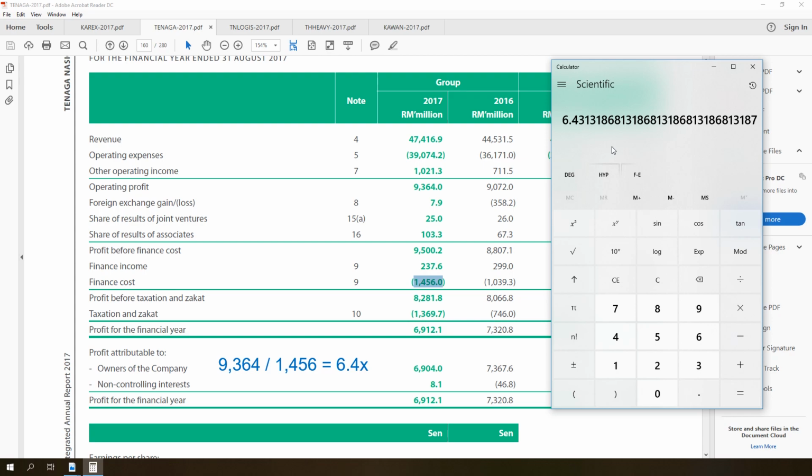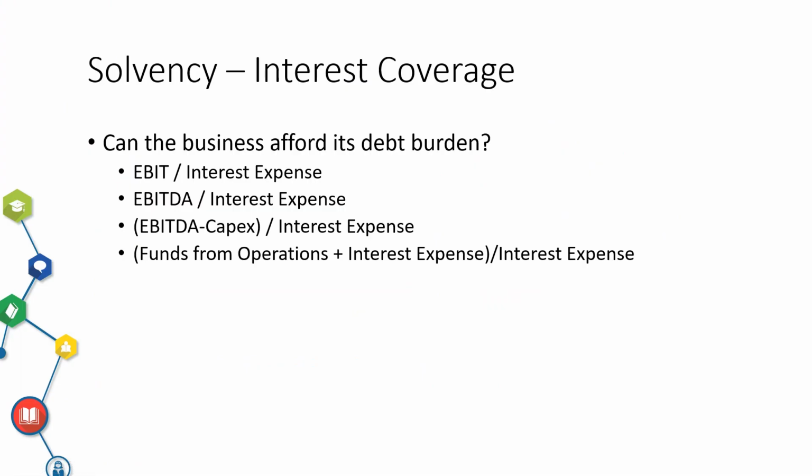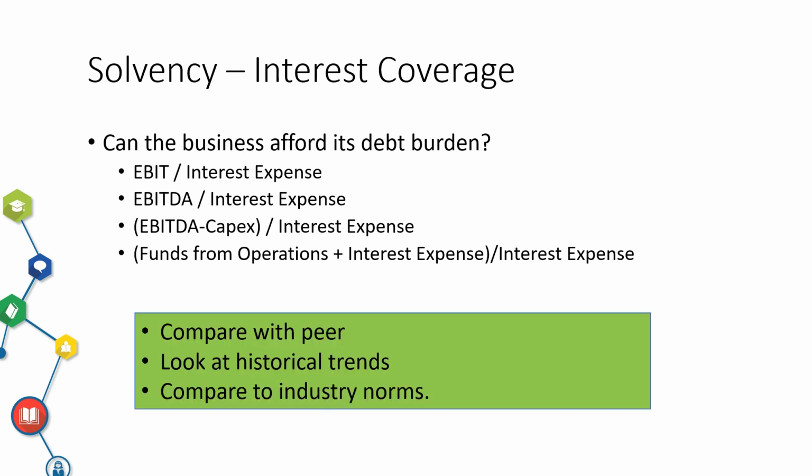Then we get a 6.43 multiple. Calculation-wise, it is very easy. After you get the interest coverage of a business, you should do peer comparison and look at historical trends.